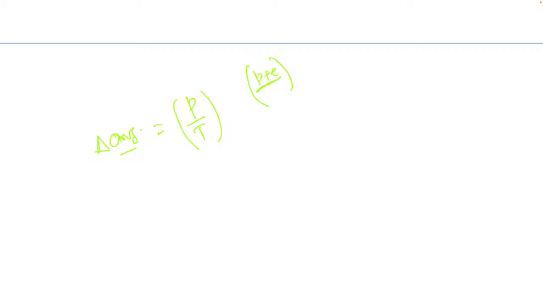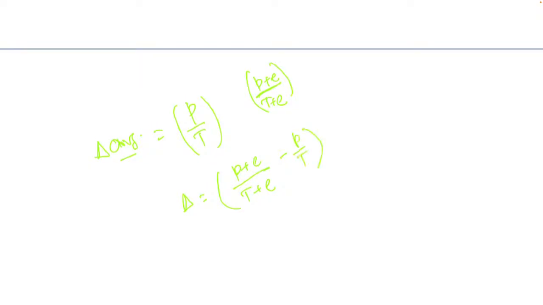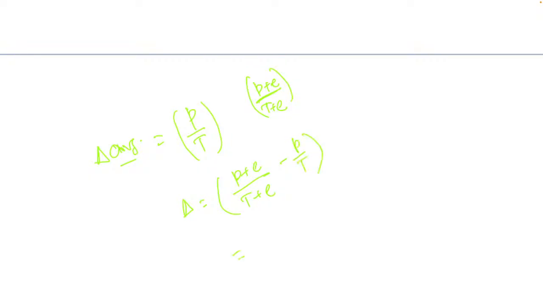So final is P plus E divided by T plus E. So let's calculate the delta, which is P plus E divided by T plus E minus P by T. When I calculate this, this is T multiplied by T plus E. This is PT plus ET minus PT minus PE. PT got cancelled. We got here E times T minus P, divided by T times T plus E.